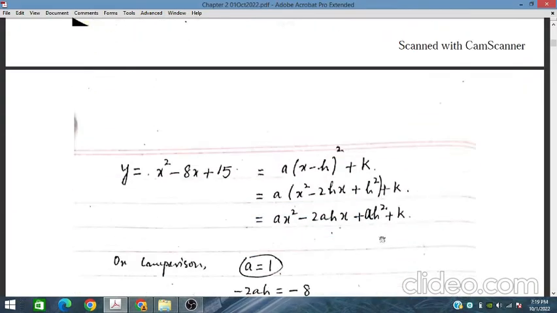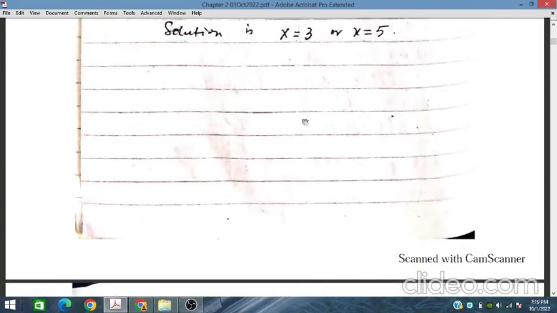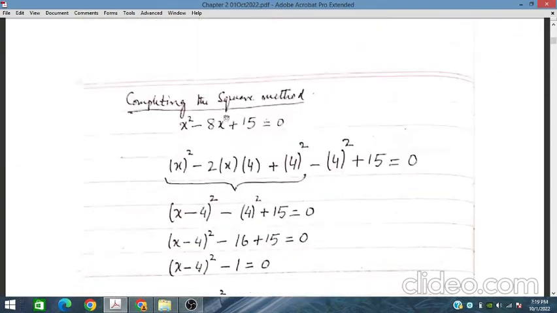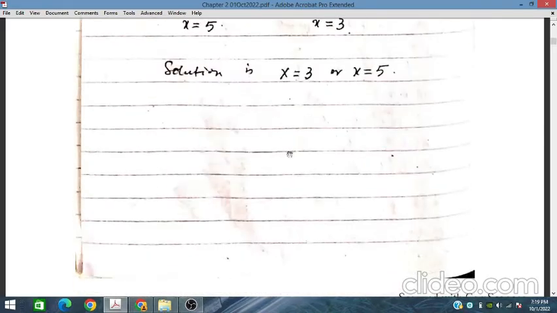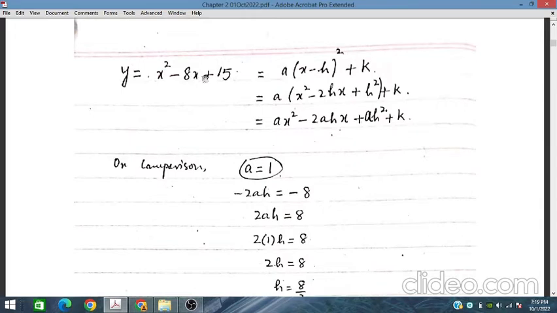So this same problem, this completing square, can also be solved through this way. We actually shape this quadratic to this shape. So we want to write down this quadratic equation or expression in this form.